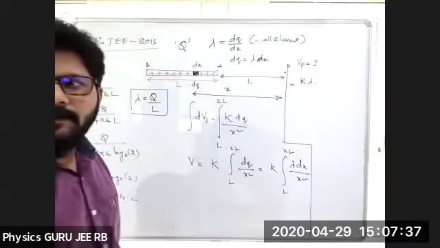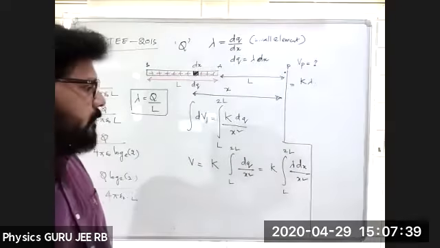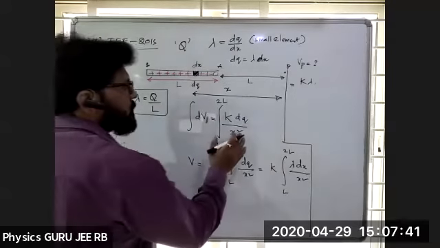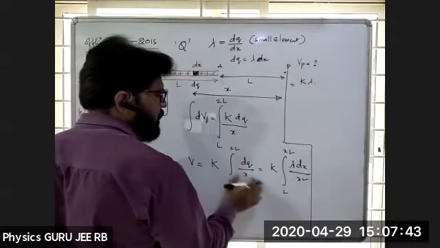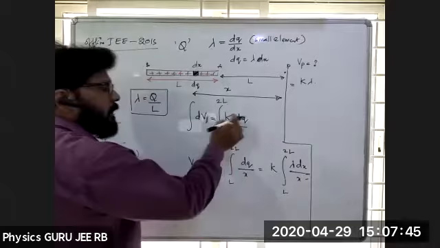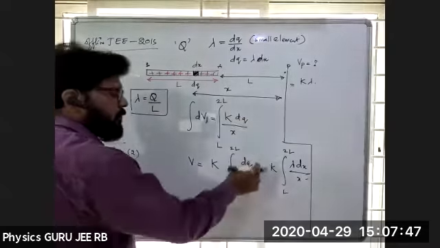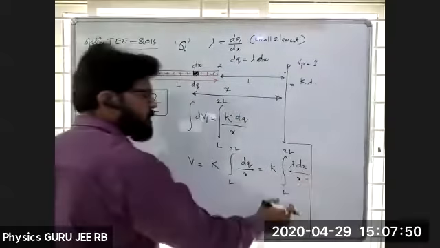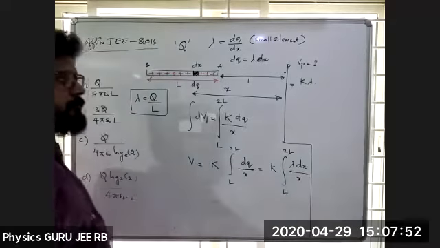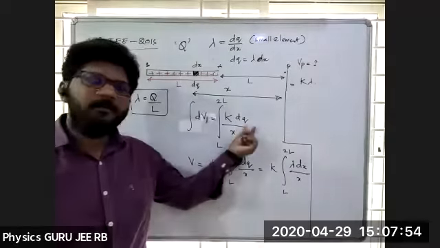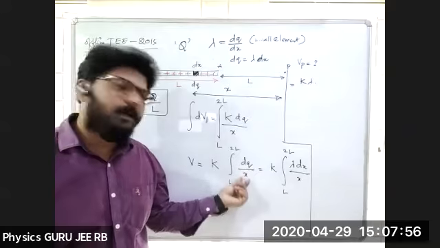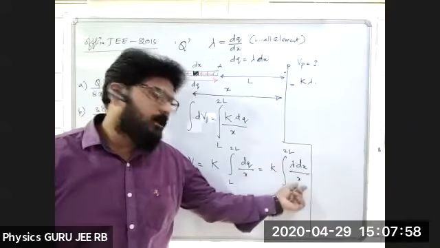Sorry, it is x square in the denominator; after the correction, this is k lambda times dx by x.